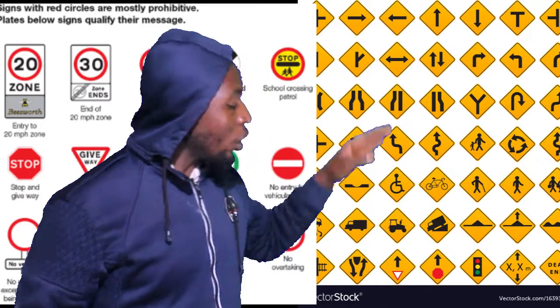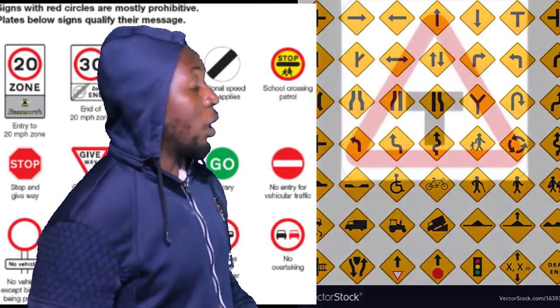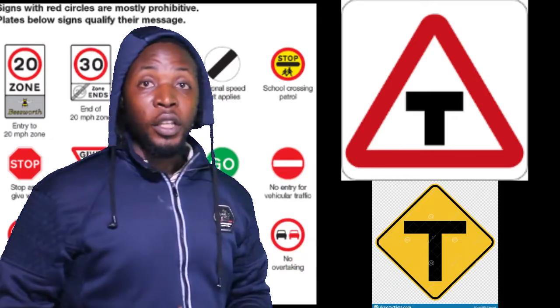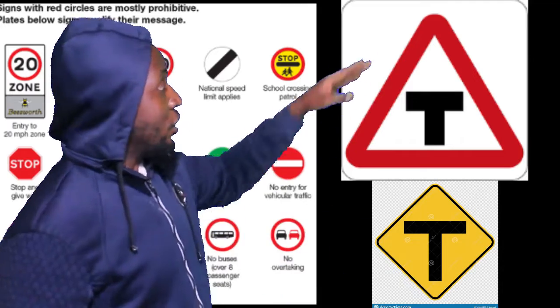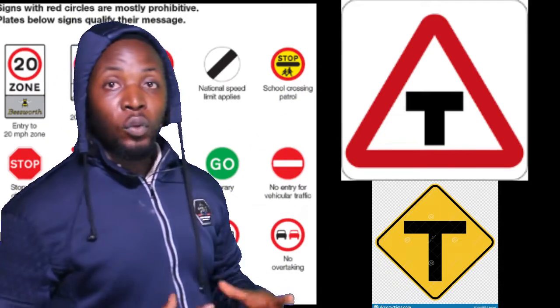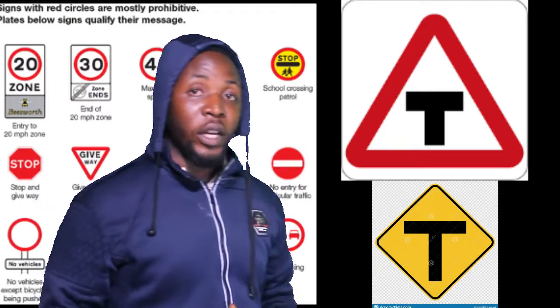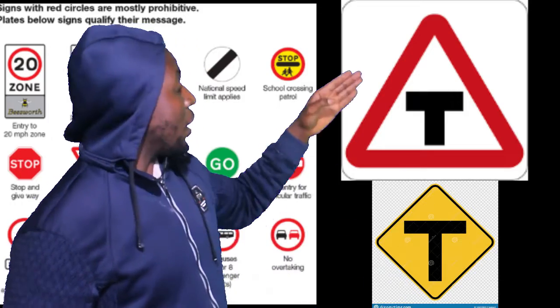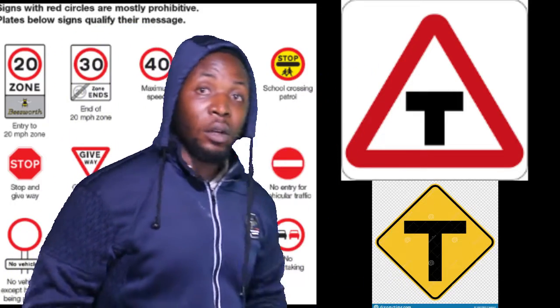This sign talks about a T-junction: when you are driving, you will meet a T-junction ahead, so have that in mind. We have the sign of a steep hill upward.